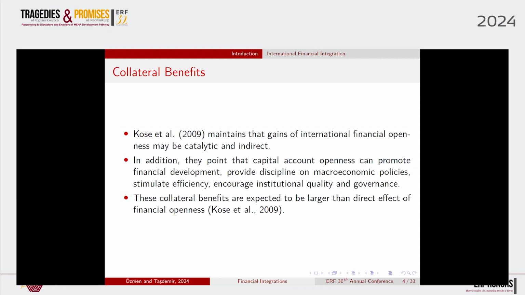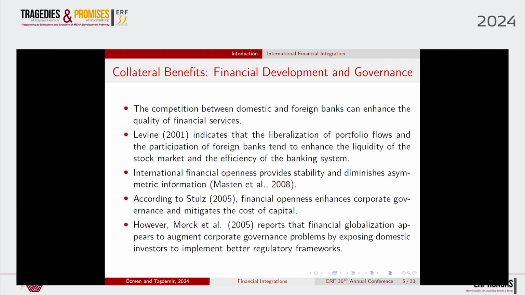These indirect effects mean that capital account openness increases financial development, encourages governance, and provides better macroeconomic policies. In their paper, they call these indirect channels collateral benefits. They even say that these collateral benefits have a larger effect on macroeconomic variables than their direct effects.